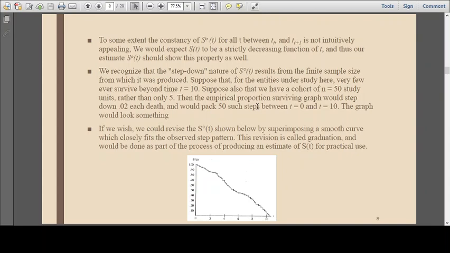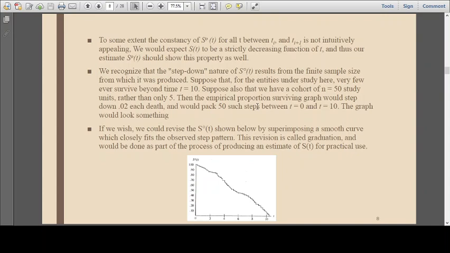Suppose that the entities under study very rarely survive beyond time t equals 10. Suppose also that we have a cohort of n equals 50. If we divide it equally across the interval from 0 to 10, you get 0.02 for each death, so the step-down probability would be 0.02 at each time.